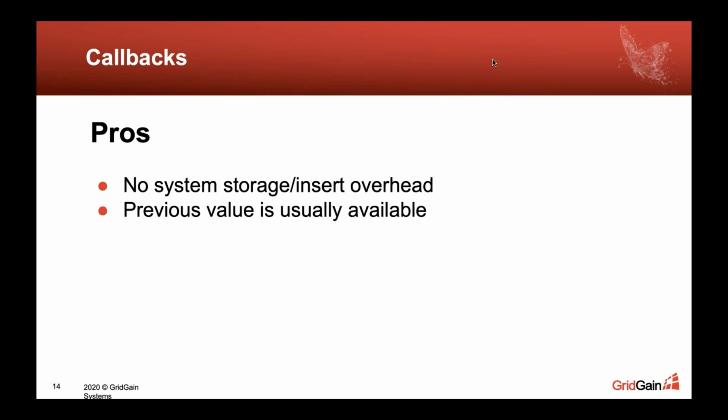Usually, the previous value is available. In some systems, it may be configurable. For example, if your system is using something like LSM, an optimized storage engine, the previous value may not be immediately available, so the previous value lookup may come at additional cost, but usually the previous value is available.